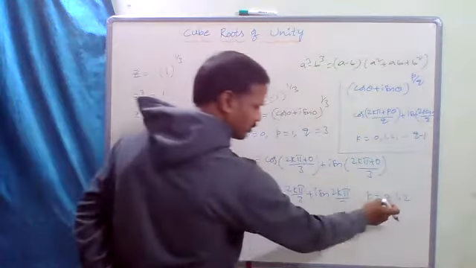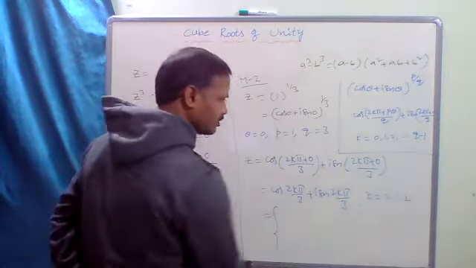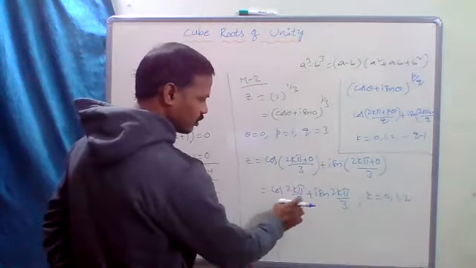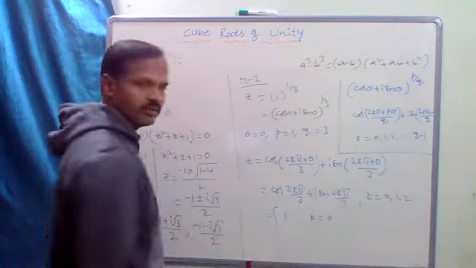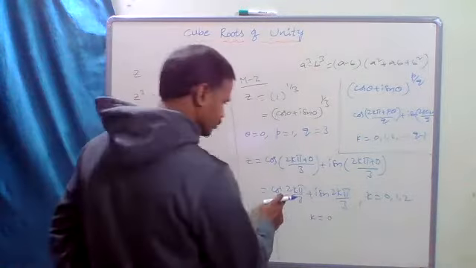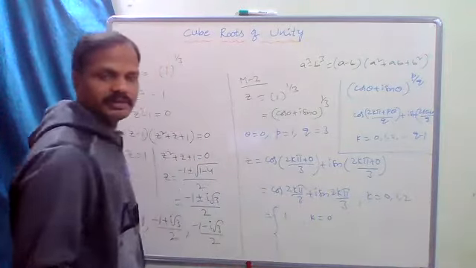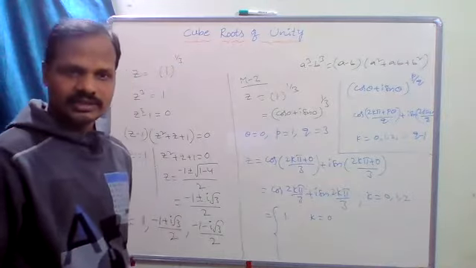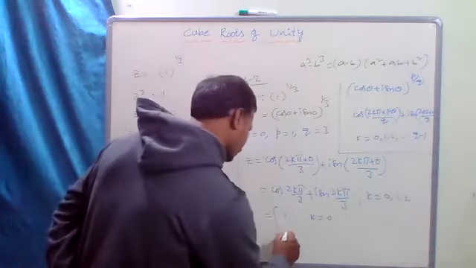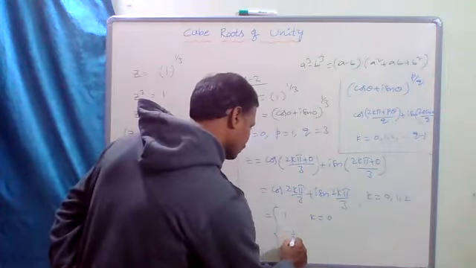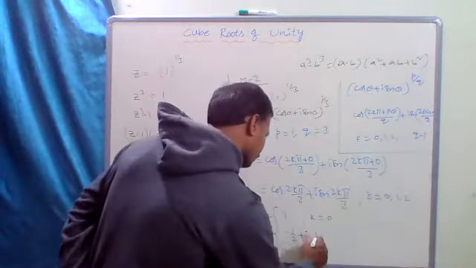Now if you substitute k equals 0, you will get cos 0 plus I sin 0, which is 1. For k equals 1, cos 2 pi by 3, which is in the second quadrant, so cos is negative, so cos 2 pi by 3 is minus 1 by 2, plus I sin 2 pi by 3, which is root 3 by 2.